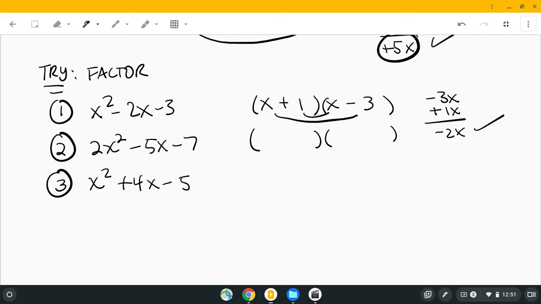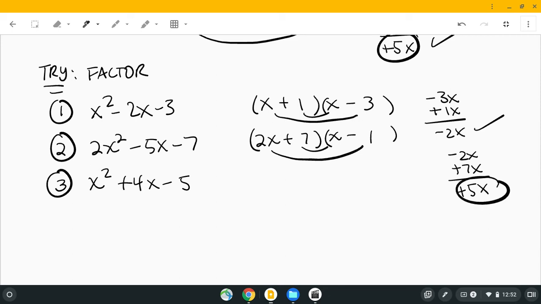And then over here, 2x times x to make 2x squared. I need one of these positive, the other one negative, and there's only one way to make 7. That is 7 times 1. I'll try the 7 there and the 1 here, and let's check. Outside product, negative 2x. Inside product, positive 7x, and that gives me positive 5x, but I want negative 5x. So this is not correct.